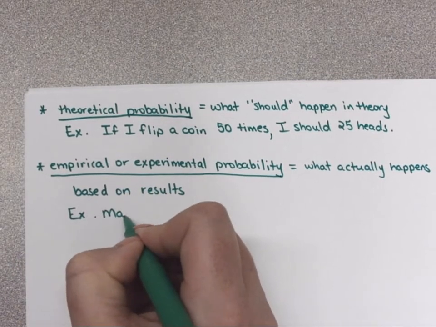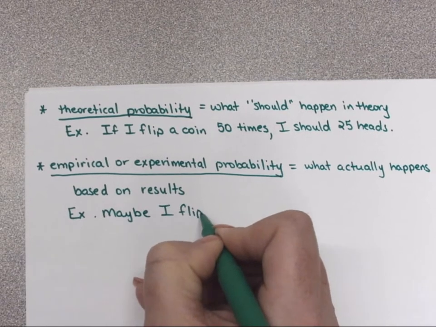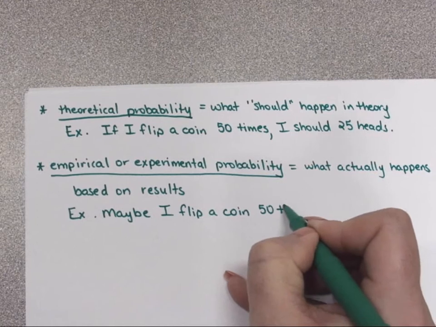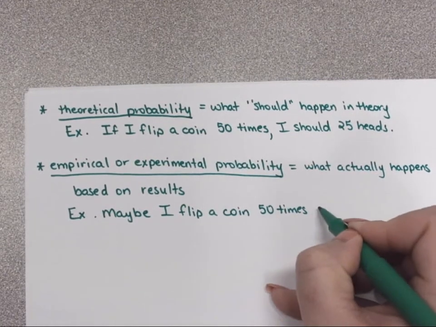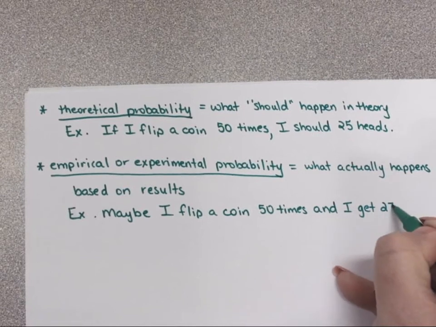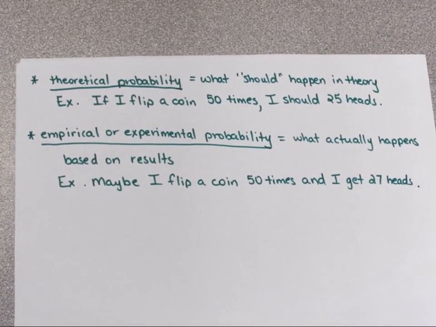So an example of that is maybe I flip a coin 50 times and I get 27 heads. Okay, so that's completely in the realm of possibility that I wouldn't get the perfect 25 and 25.